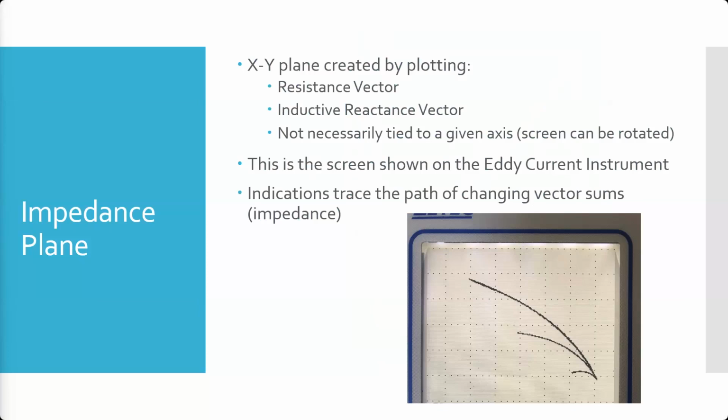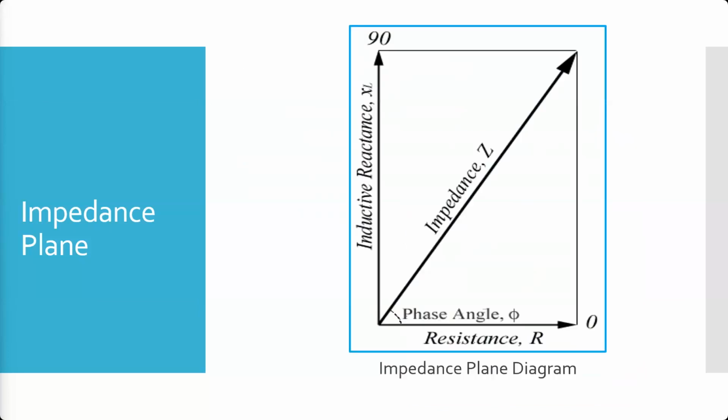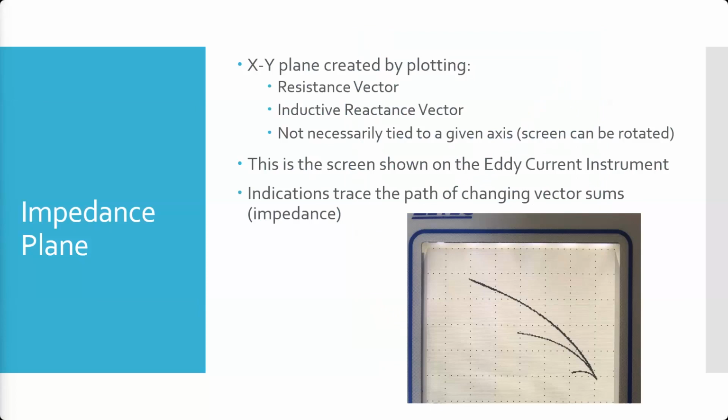But the point is, as we move our probe and as these two items change, this point right here is going to move. What you're seeing is the tip of the impedance line moving. As we've gone over 3 different cracks here, this draws that point over time.